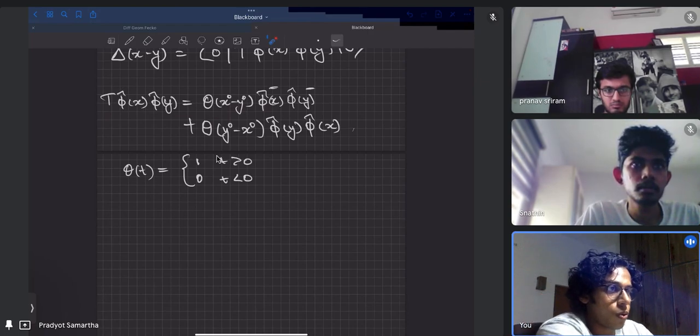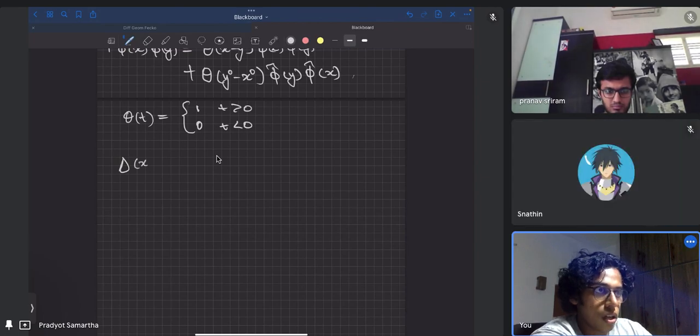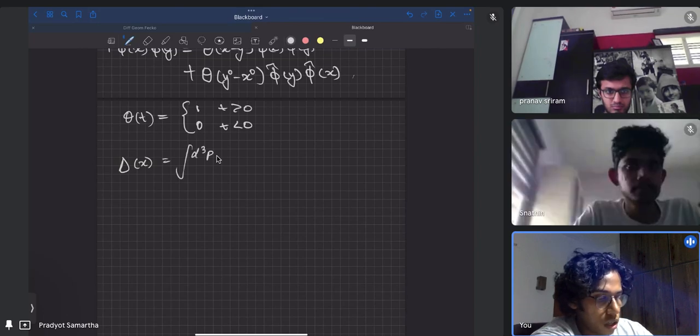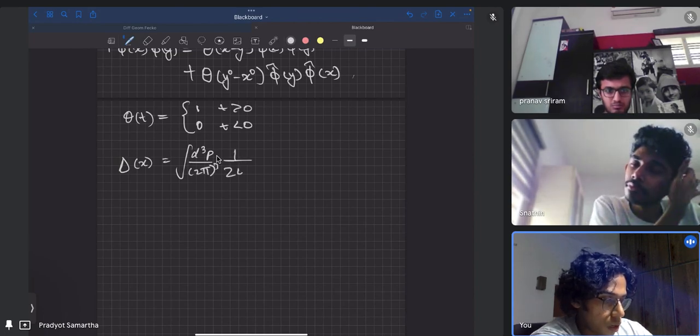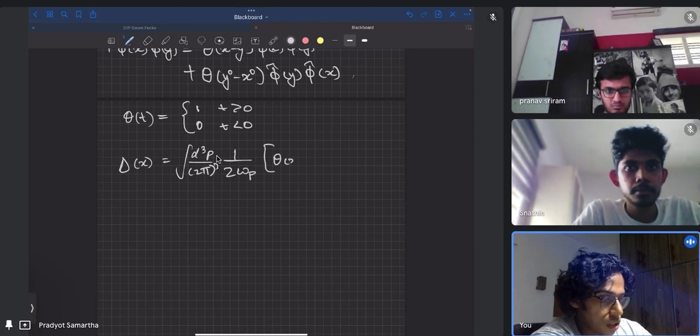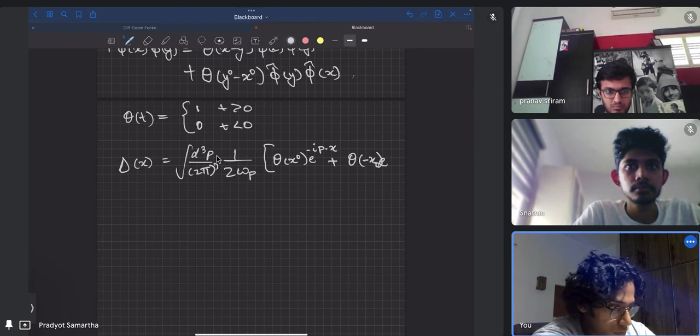Now your Feynman propagator is defined as the integral of d3p over 2 pi cubed, 1 over 2 omega p, and then you have theta of x naught e to the power of minus i p dot x, plus theta of minus x naught e to the power of i p x.